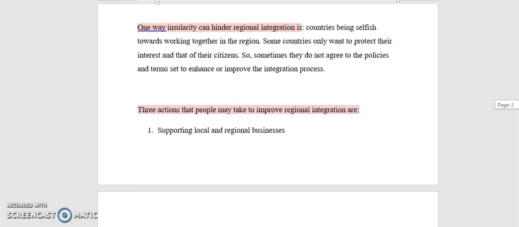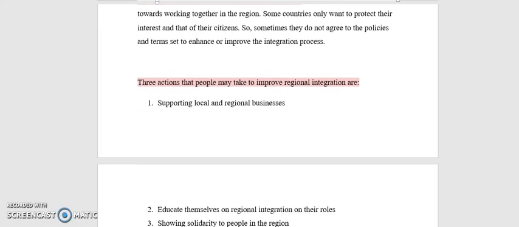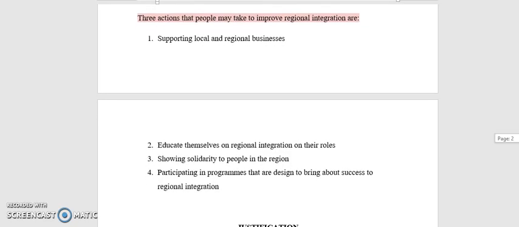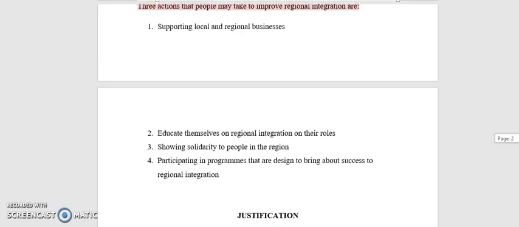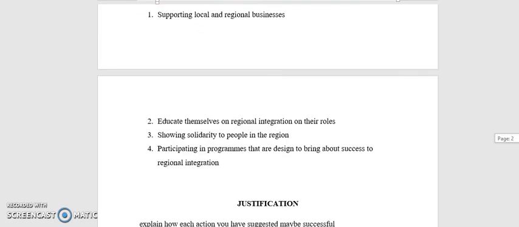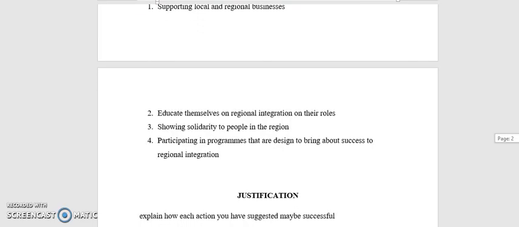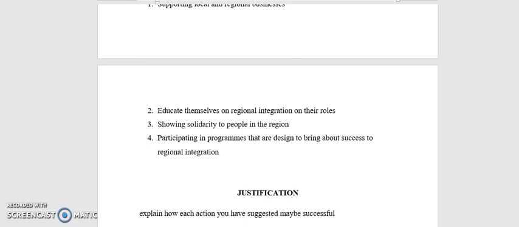3 actions that people may take to improve regional integration are supporting local and regional businesses, educating themselves on regional integration and their roles, showing solidarity to people in the region, participating in programs that are designed to bring about success to regional integration.